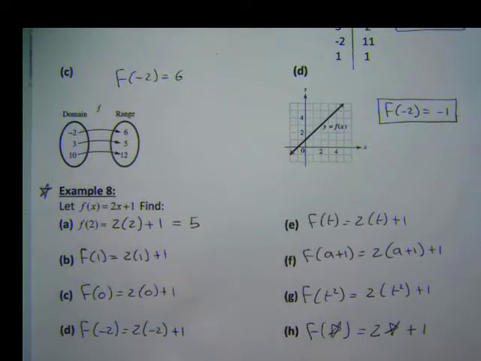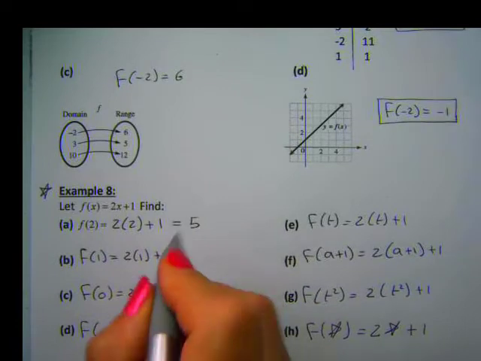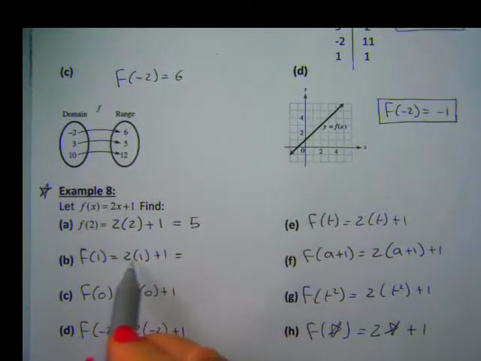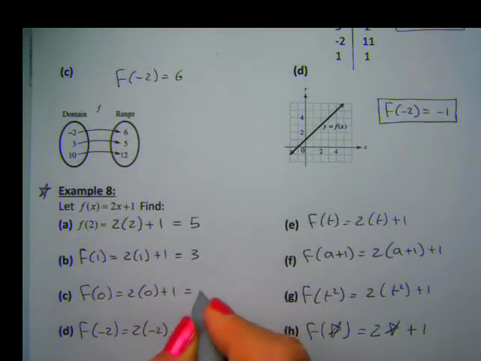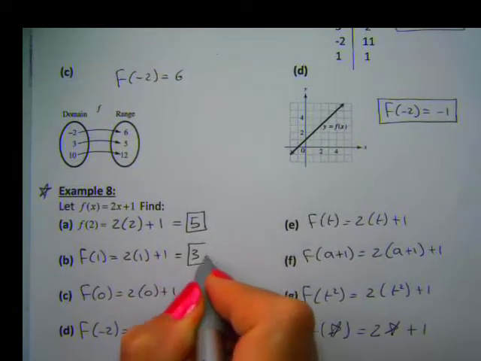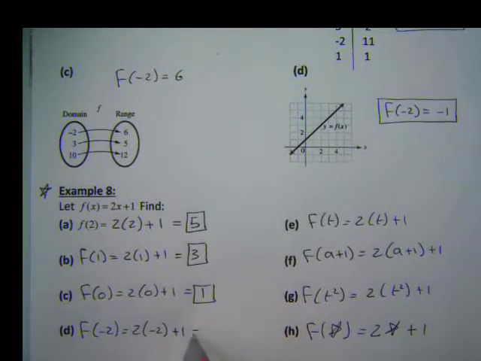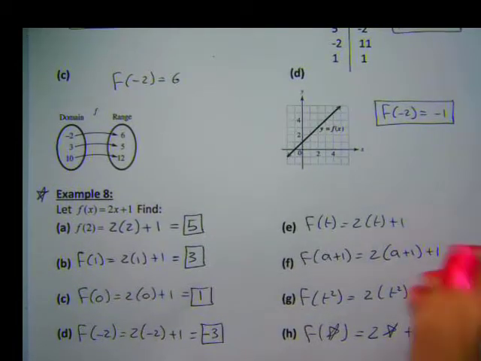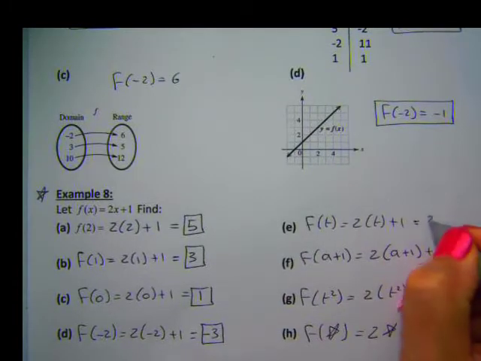Now let us go back and actually evaluate. So 2 times 1, that's 2 plus 1 is 3. 2 times 0 is 0 plus 1 is 1. So these are the final answers. 2 times negative 2 is negative 4 plus 1, negative 3. What is f of t? 2 times t plus 1. I can't do anything.